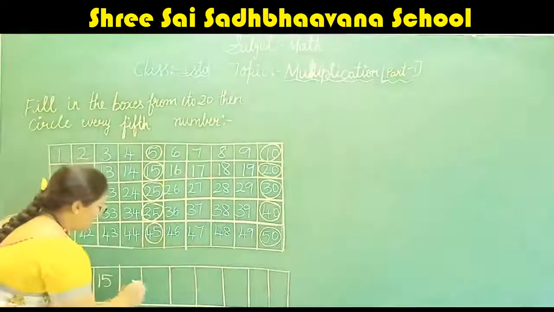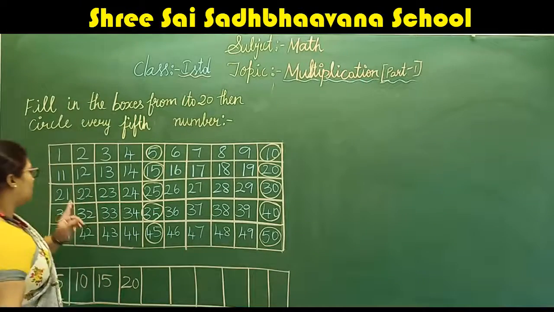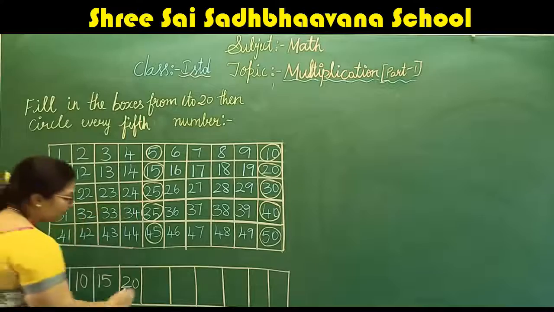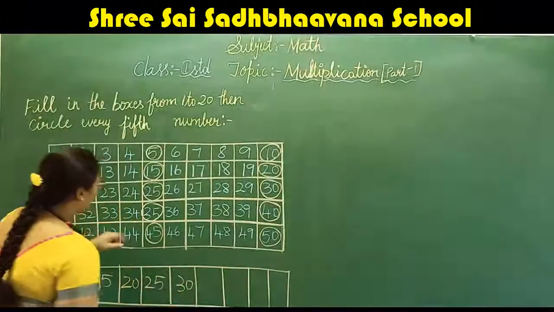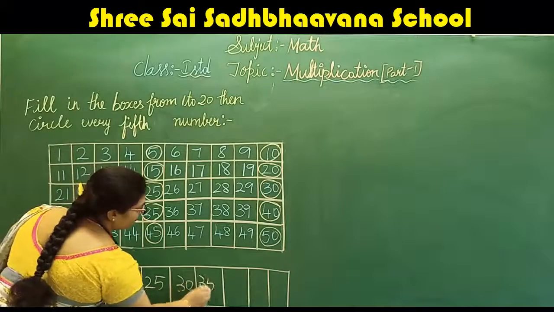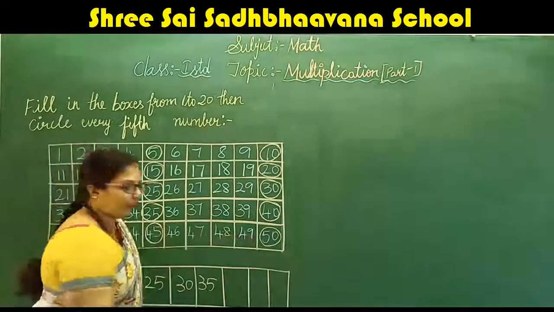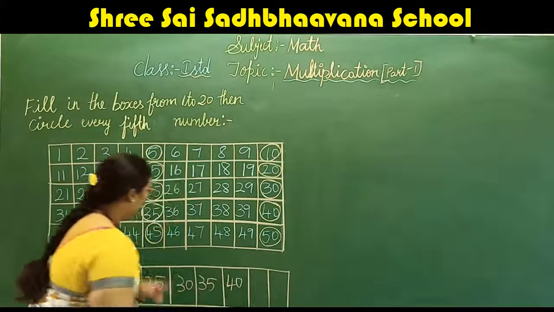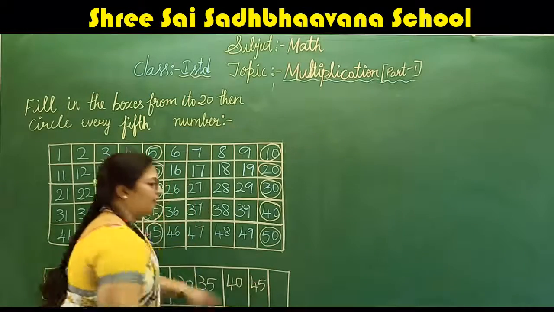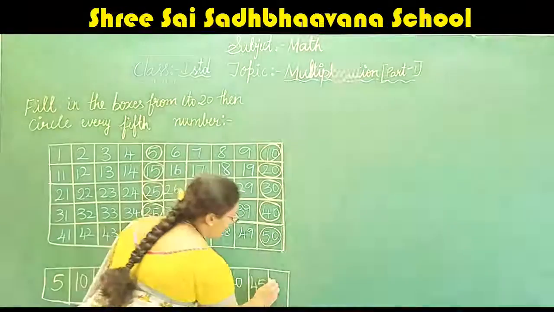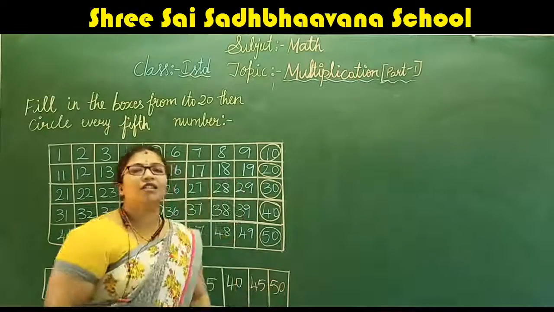After that 20, then 25, 30, 35, 40, 45, and then 50. That's all, children.